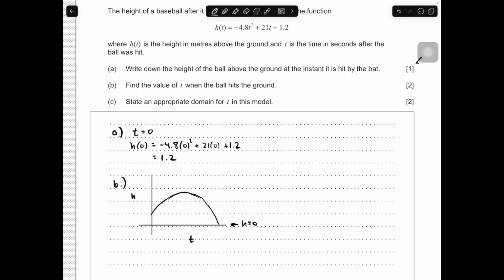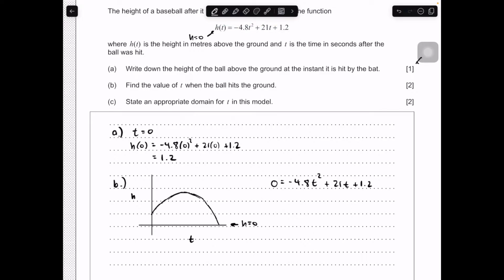So for our function, if we know here that h is equal to 0, that's our output, we could put an output of 0 and then ask the question, what are the t values that are going to make that true? Now, you could potentially nSolve this. That is a possibility.